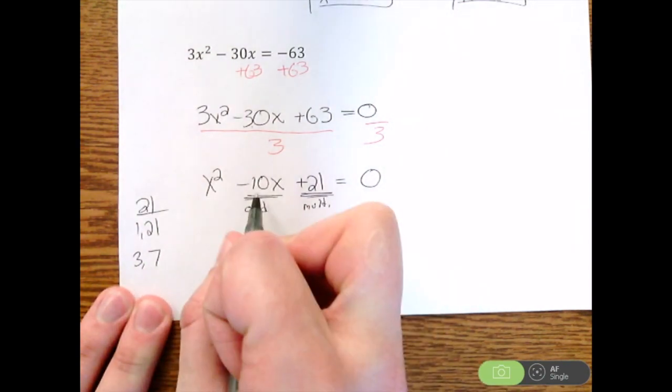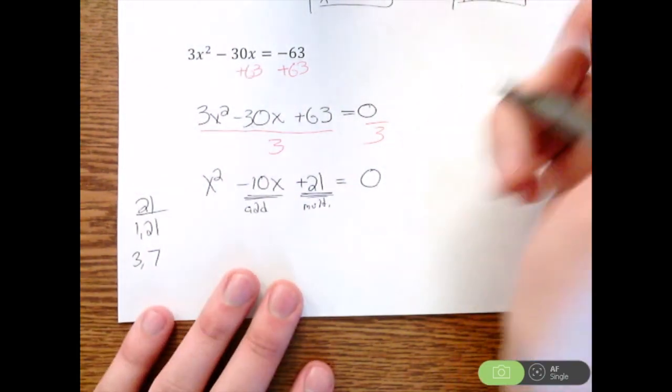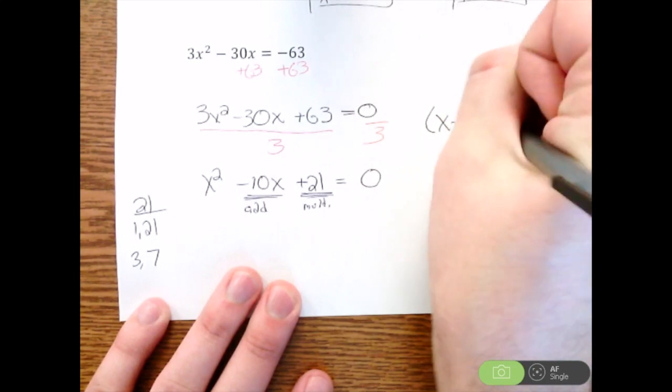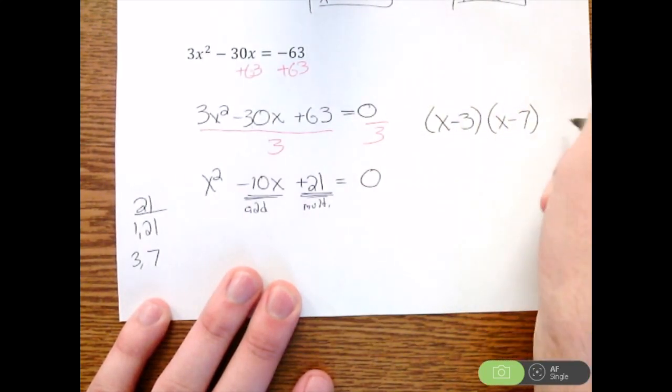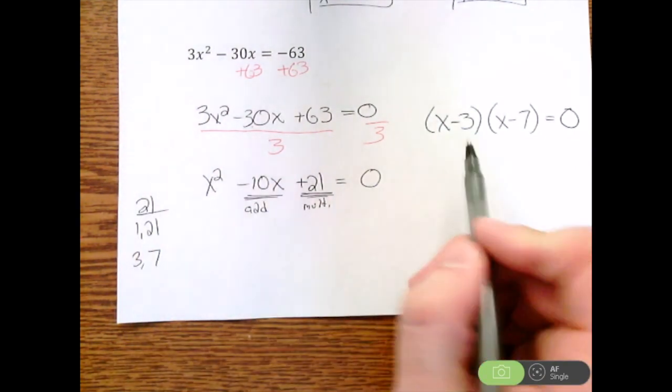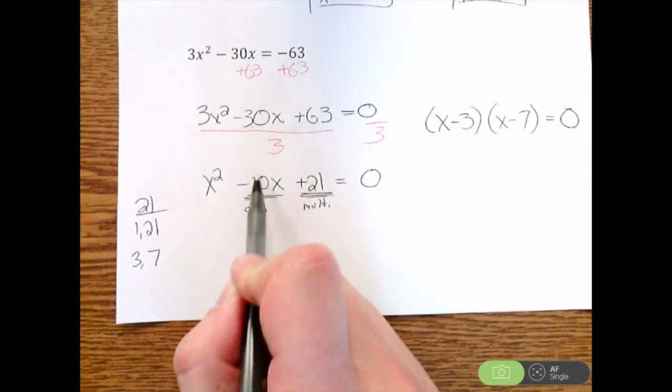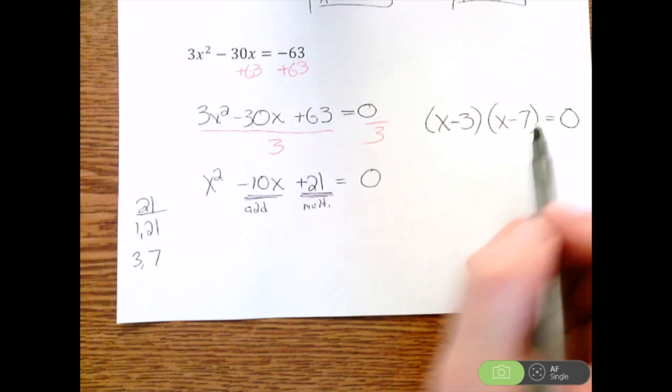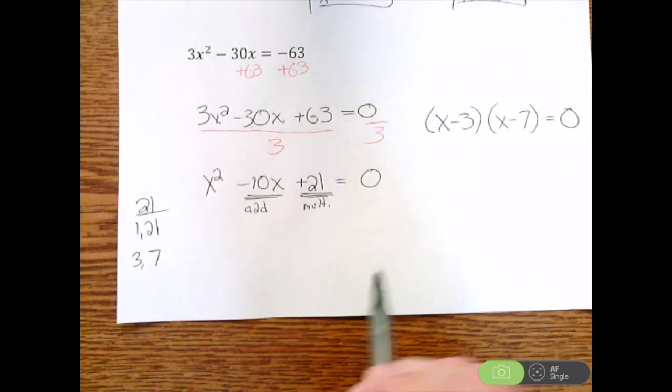Now if I'm going to get 3 and 7 to add up to negative 10, I'm going to use negative 3 and negative 7. Because negative 3, negative 7, that's going to add to negative 10. Negative 3 times negative 7 is positive 21.